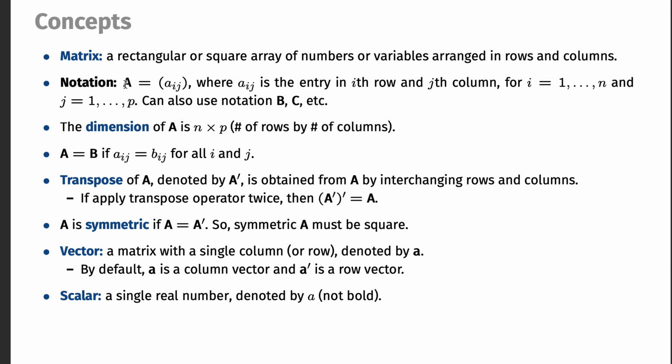Two matrices are equal if they are the same size and the elements in corresponding positions are equal. So elements in corresponding positions means A ij equals B ij, and the dimensions are the same.